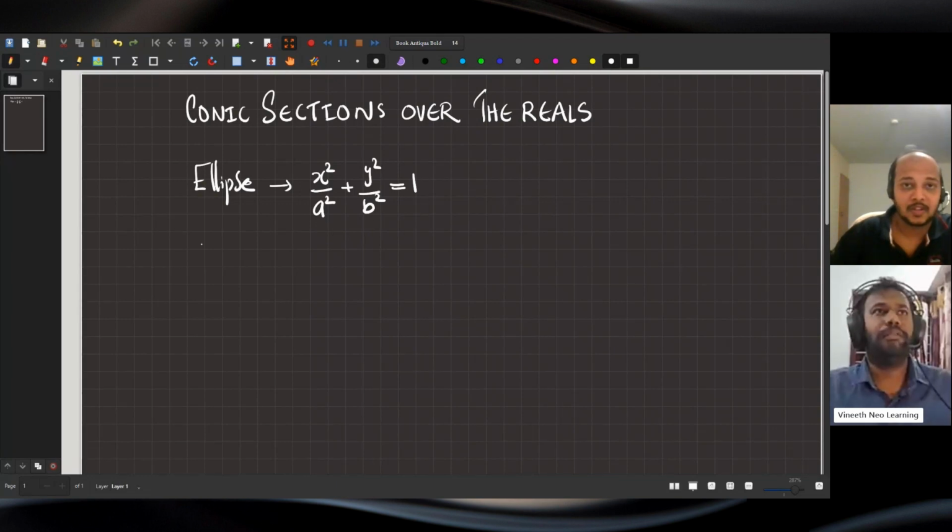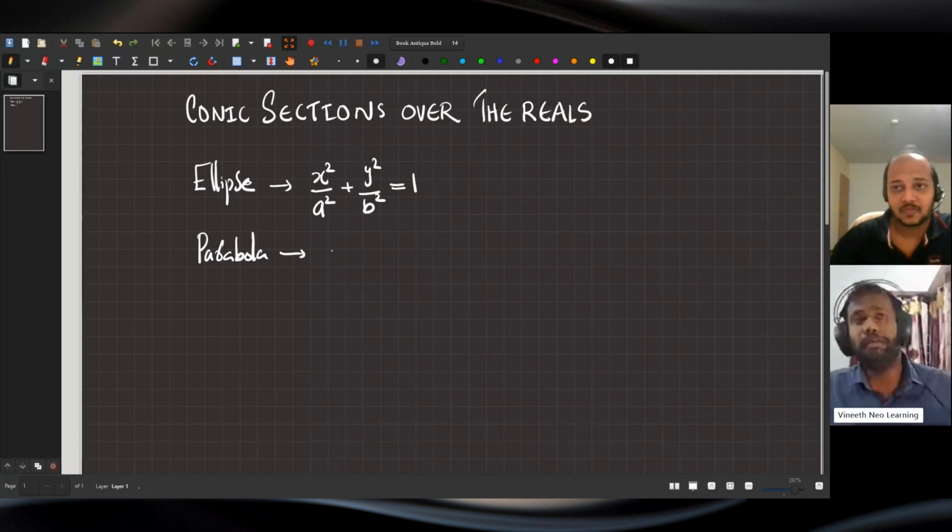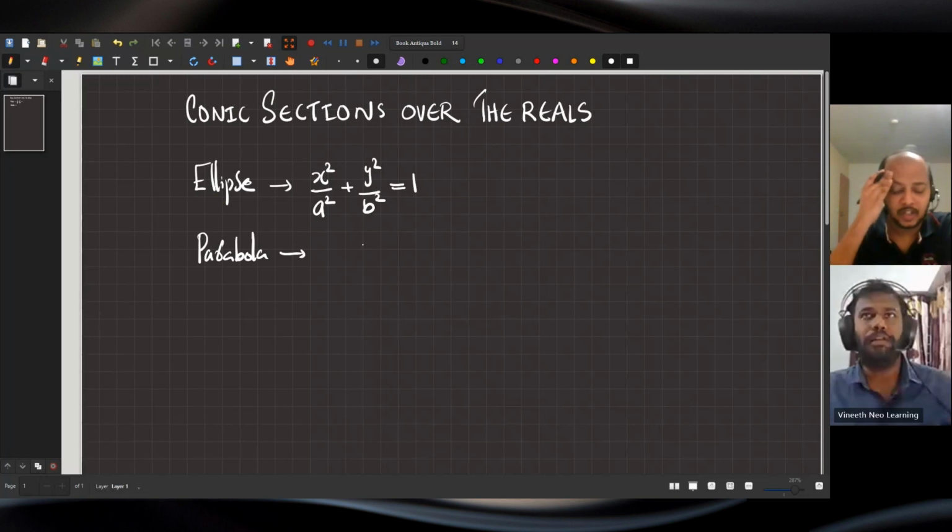Then we have the parabola. The parabola is y squared equals 4x, or y equals ax squared, depending on the orientation. It depends on which axis the parabola opens along.